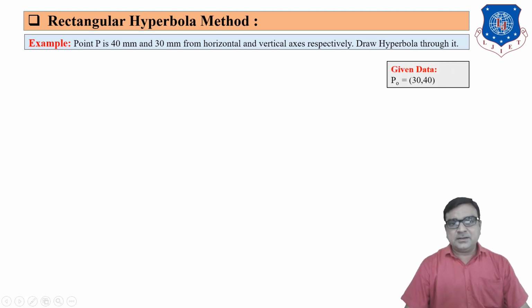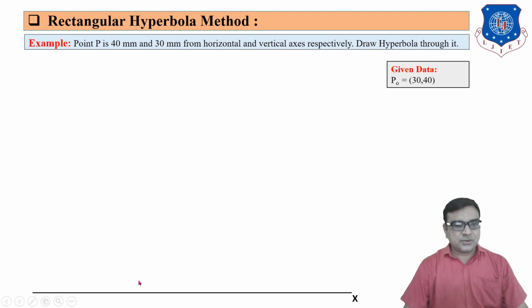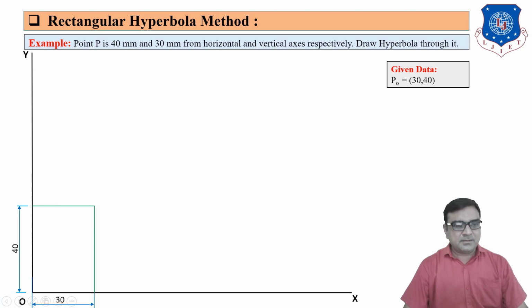So given data, we have one point in coordinate system P0, 30 and 40. So we have to draw one horizontal line and vertical line, horizontal axis and vertical axis. Then insert our P0 point 30, 40 by taking 40 mm from x-axis and 30 mm from y-axis.